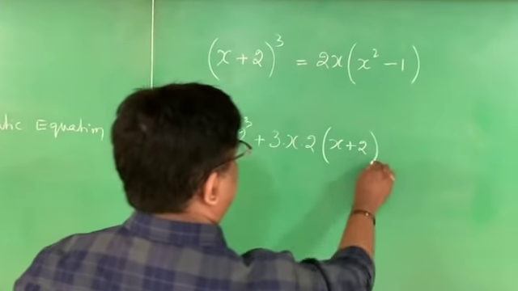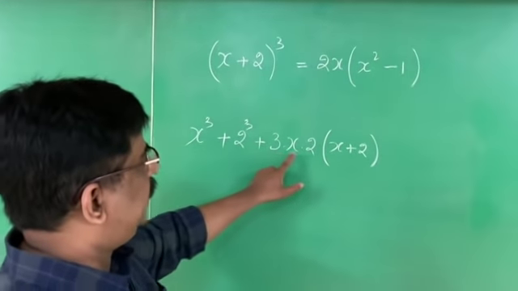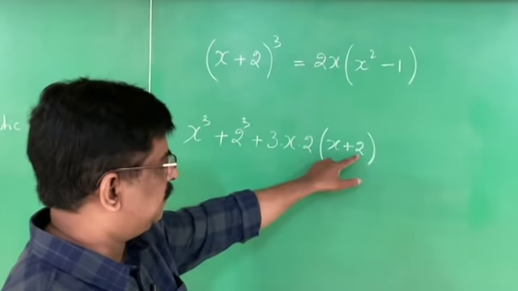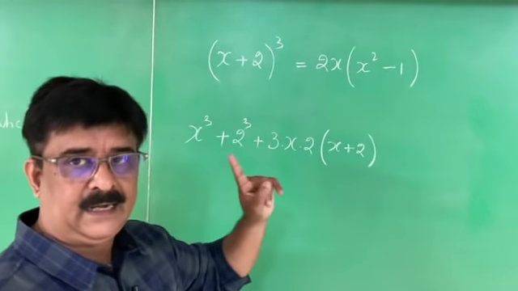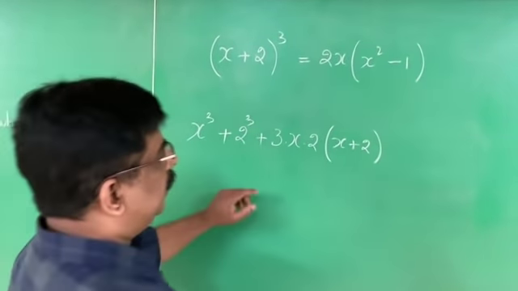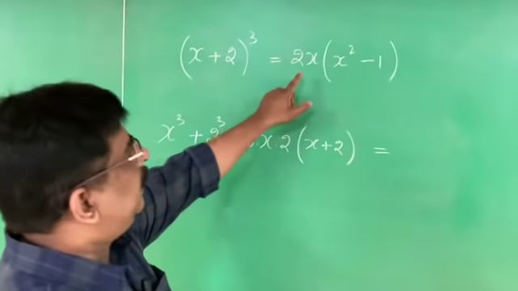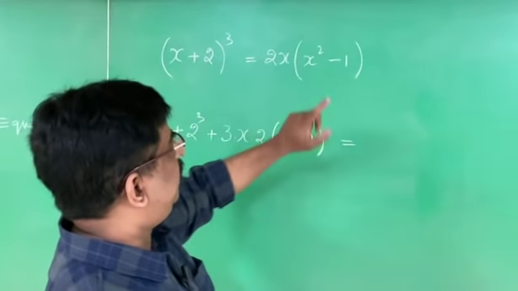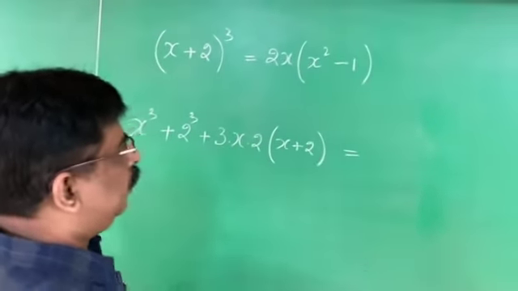This you studied in 7th standard, right? On this side, it is a multiplication of a monomial and a binomial. 2x into x square is 2x cube.